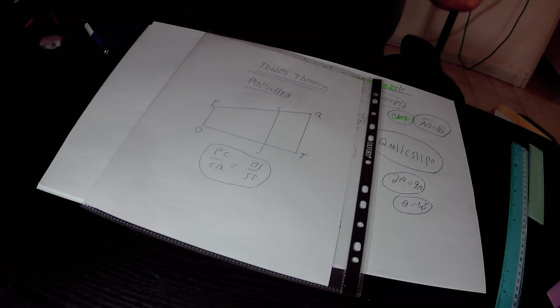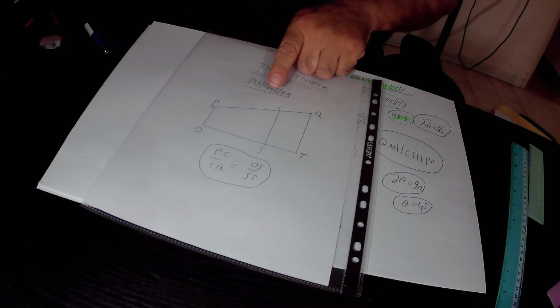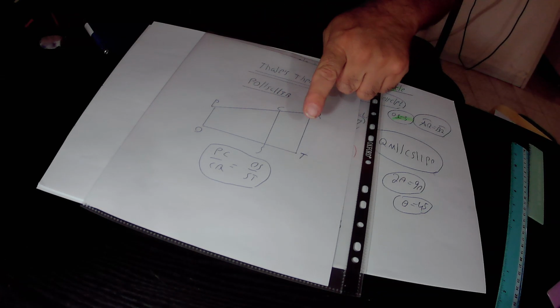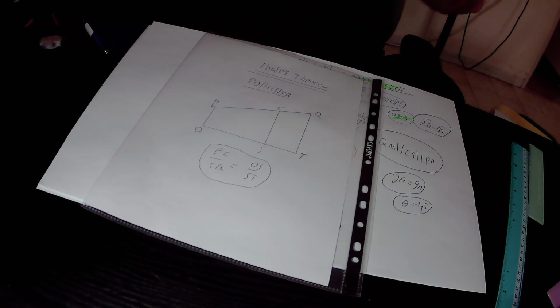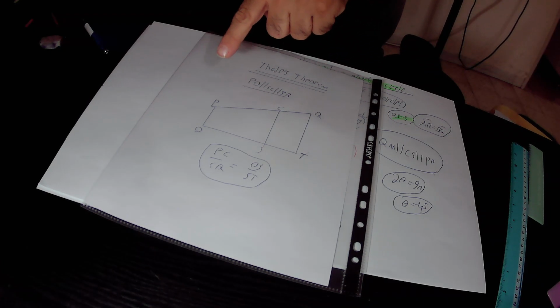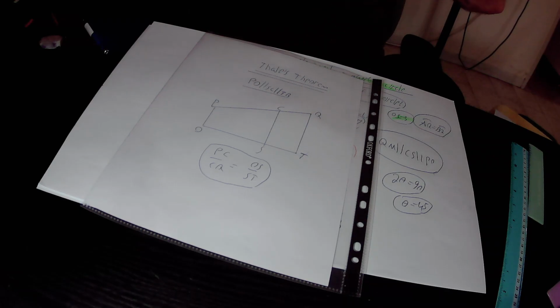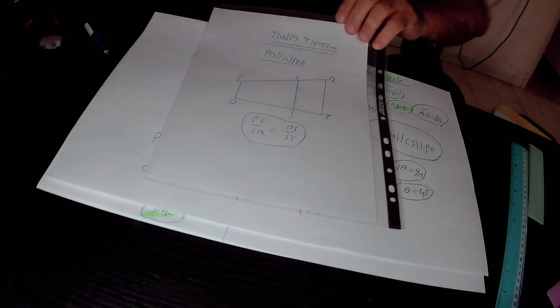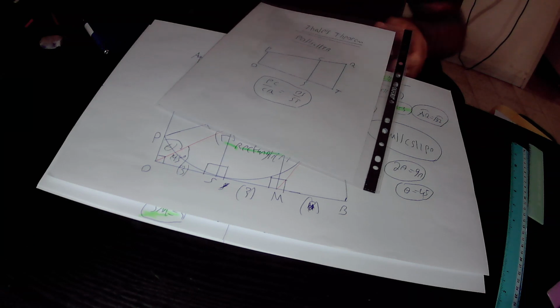According to this theorem, PC over CQ equals OS over SM. So this theorem gives us the relationship between the two lines, PQ and OM, that are not parallel to each other.